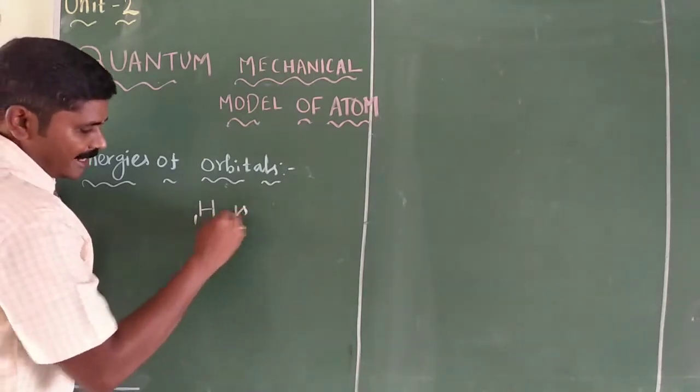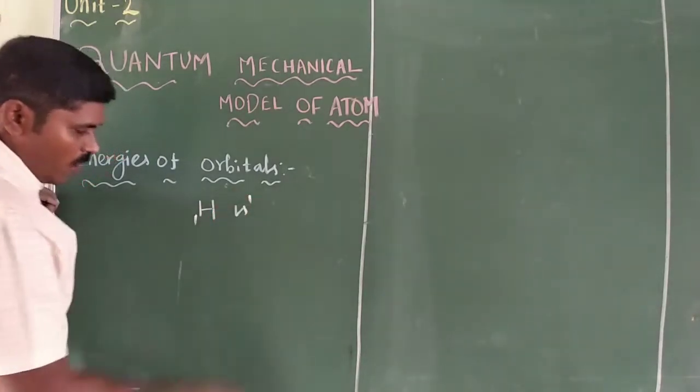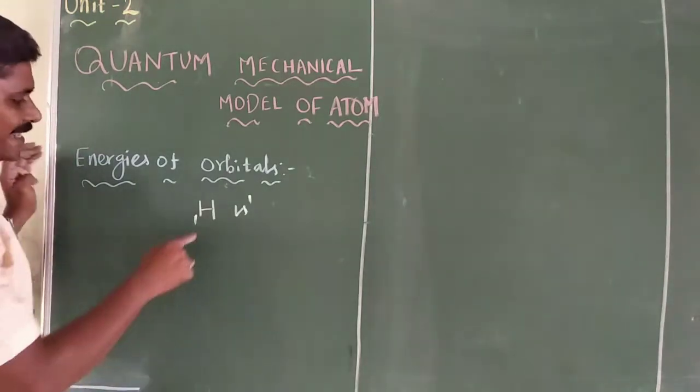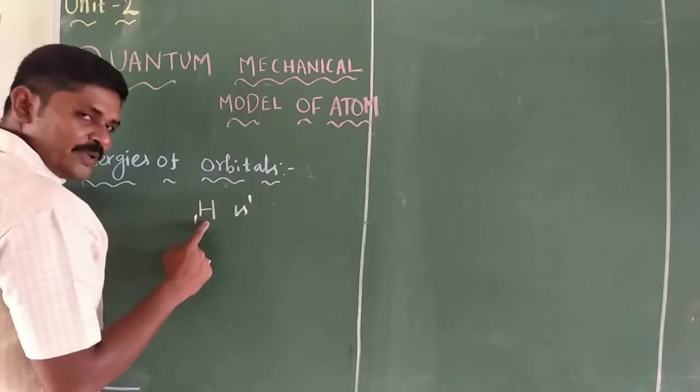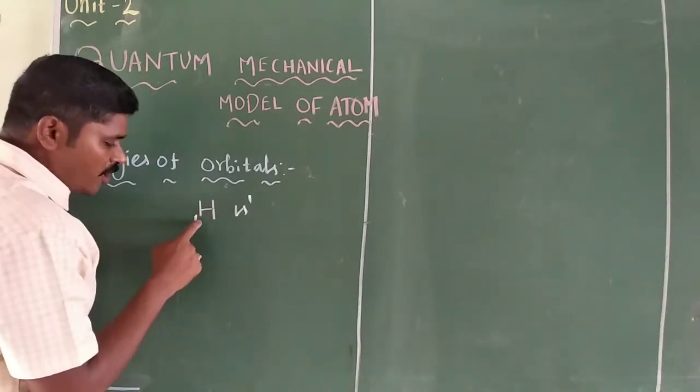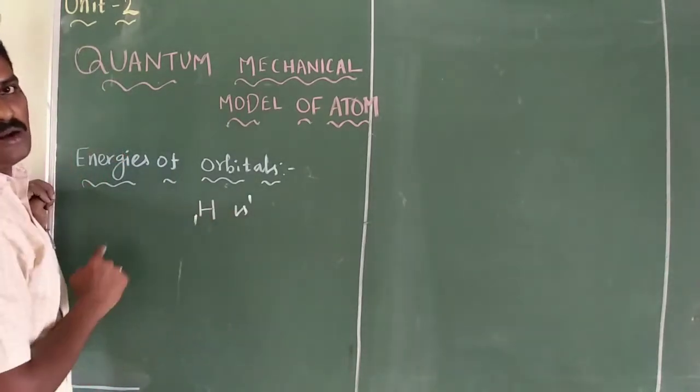So the electronic configuration is 1s1. In a hydrogen atom, only one electron is present in the orbital.